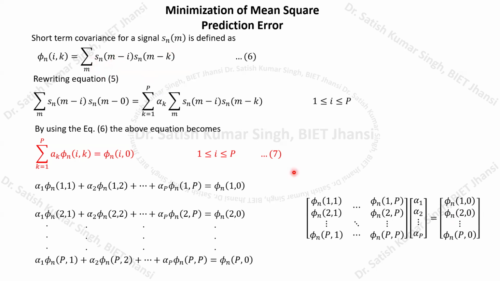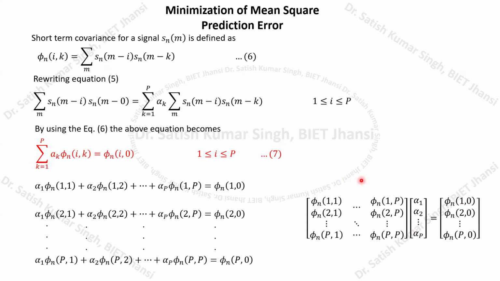Now from this matrix, we can use any matrix solving algorithm, or some programming on the computer, and easily calculate all the values of alpha k.